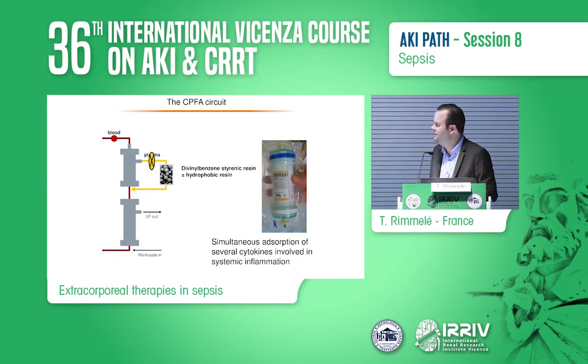So the cytokines are absorbed on the resin, and then the plasma, after it has been cleaned of the cytokines, goes back to the circuit. Then the second part of the circuit is hemofiltration, so you can do renal support. It's a hybrid technique: you can do blood purification for sepsis in this part of the circuit, and renal support in the second part of the circuit.